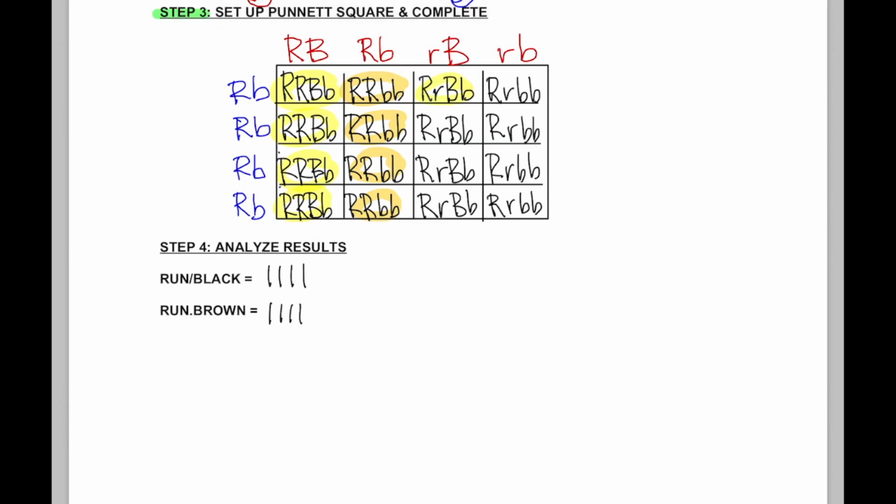Normal running, black fur, for the third column. Last column, 4 normal running, brown fur.